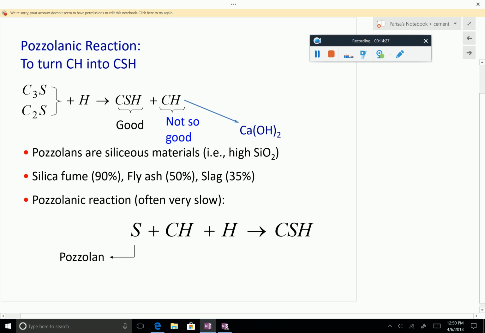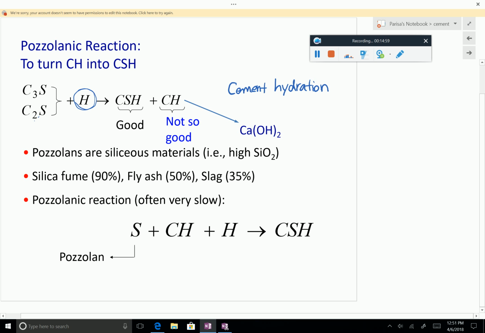So here you can see that these are two compounds in cement. The pozzolanic reaction is basically, in cement hydration, so this is pretty much cement hydration, where you generate CSH and CH.